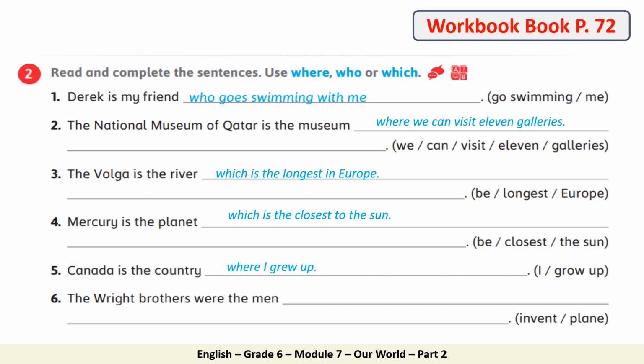The Wright brothers were the men, and the prompt between brackets, invent plane. Men. So the Wright brothers, they are people. So what do we need to use? Awesome. They are the men who invented the plane. Great job, everyone. If you did that, then you're already a professional. I am so proud of you.